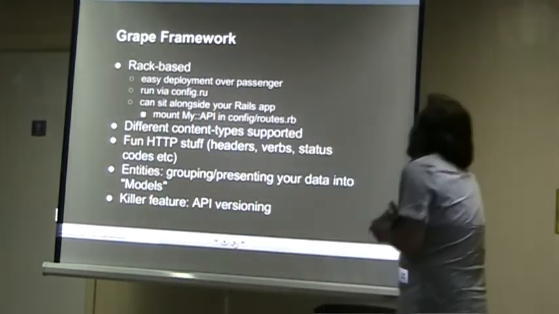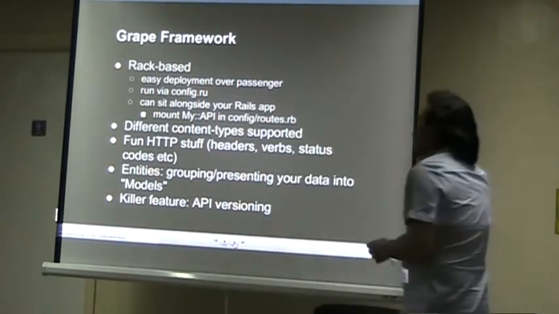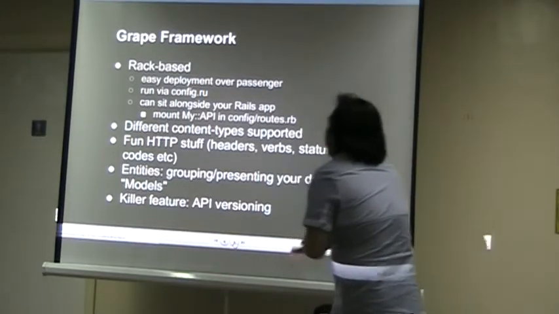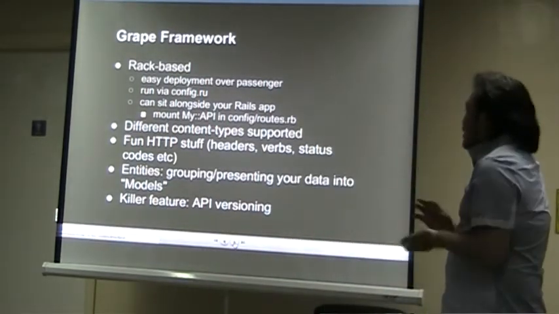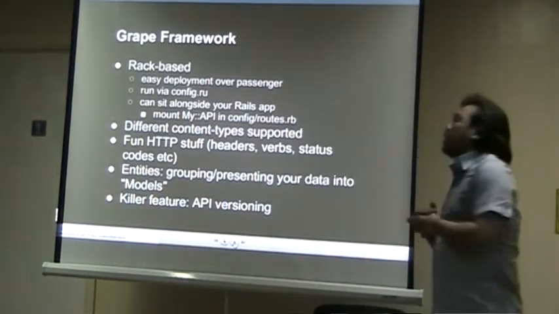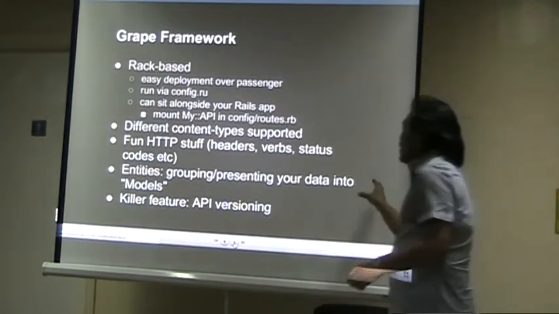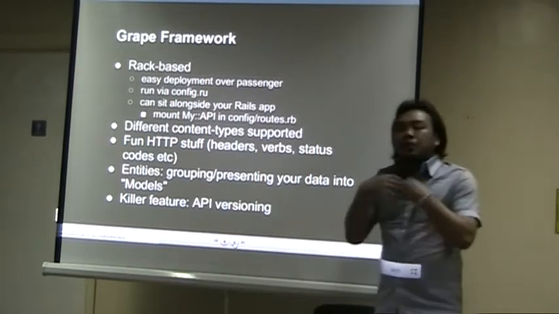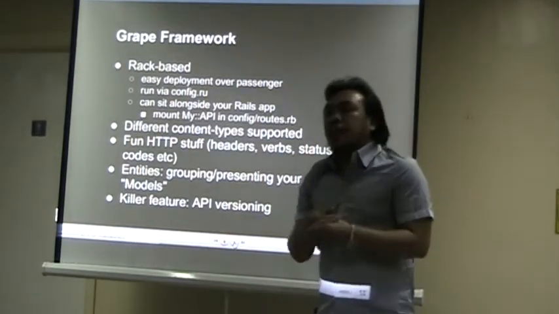So it has all the standard stuff like supporting different content types, all the standard HTTP stuff. It has a feature called entities, which allows you to group your data when you are presenting it to your mobile client.